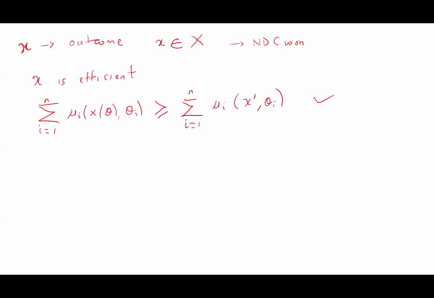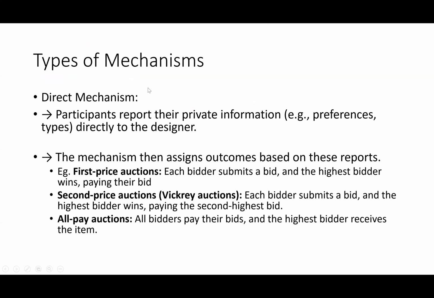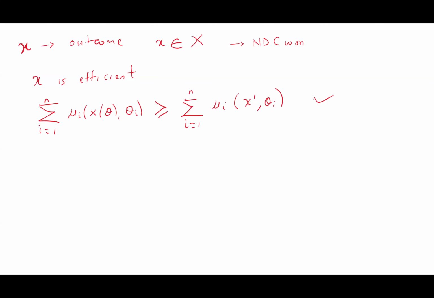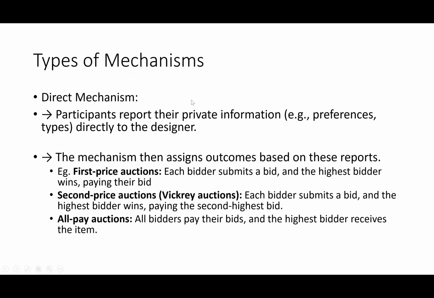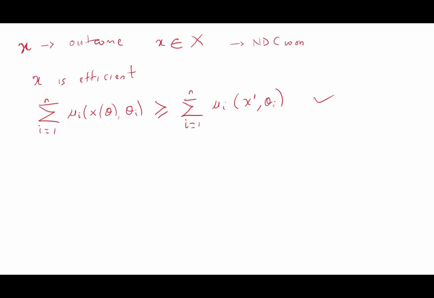So we are saying that this outcome is efficient if, when we put everybody's level of satisfaction together, the value we have is greater than or equal to the satisfaction of everybody if we had picked an alternative outcome.